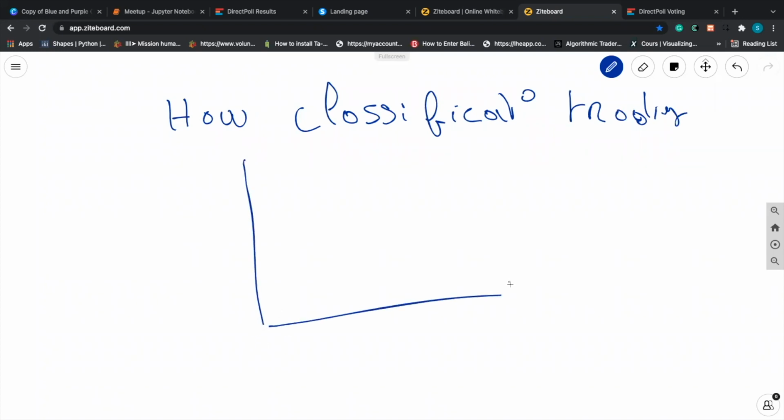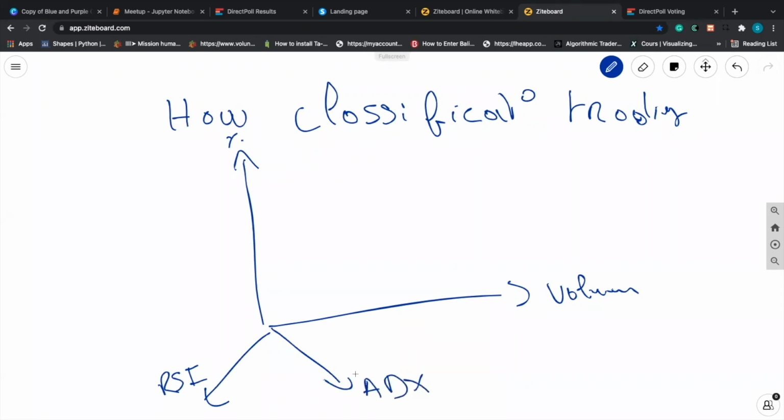Let's say you have different variables. Here you have your volume traded. Here you have the percentage of move. Here you have your relative strength index. Here you have your ADX, which are just different indicators on the market. And based on all these indicators, how is the classification algorithm going to work for each one of these markets?